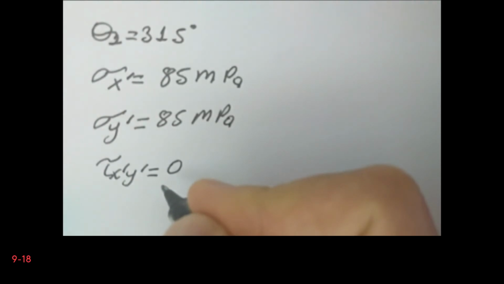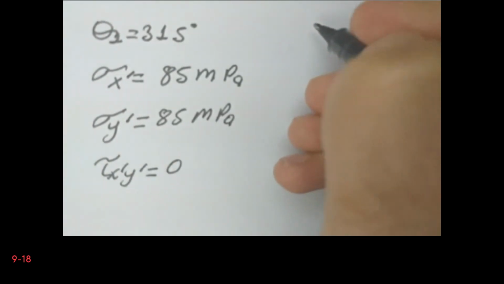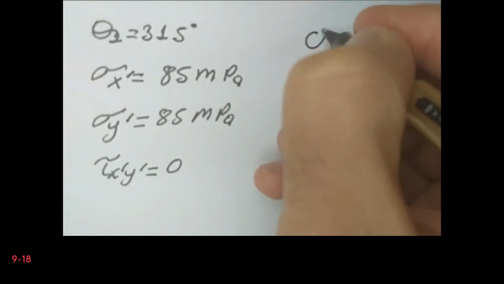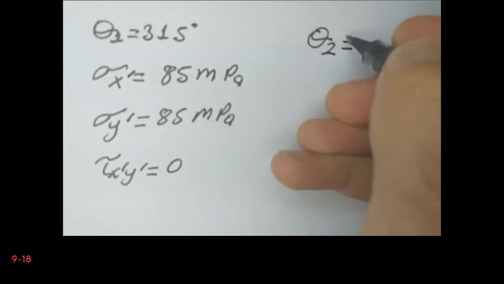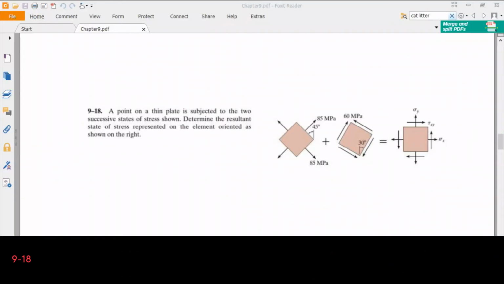Now we have a second case, theta 2. In this case, the angle between the x-axis and the normal x prime is 300 degrees. We don't have any normal stress component, we only have the shear stresses.